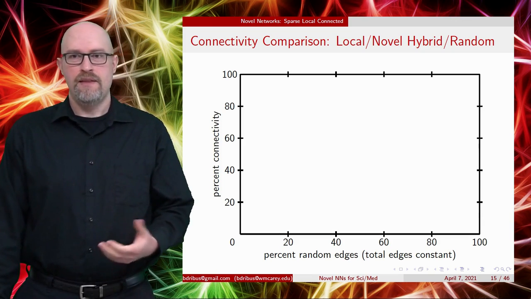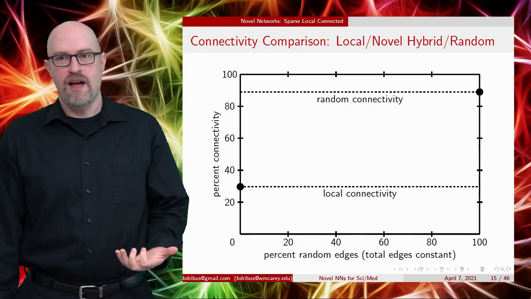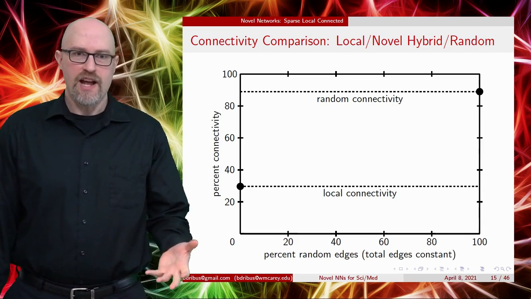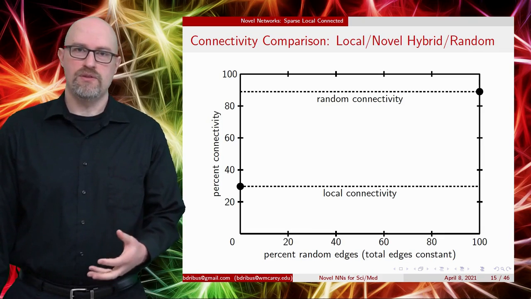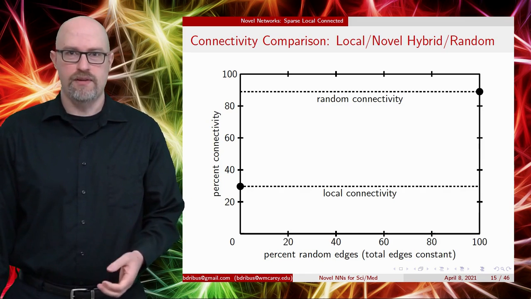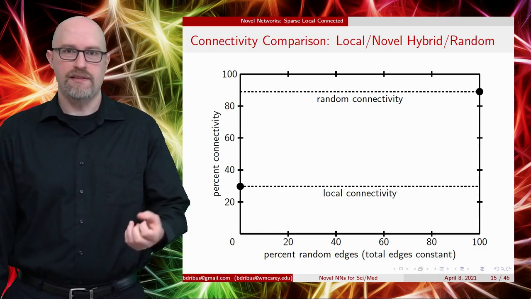chart. This line represents the local connectivity of 30%, while this line represents the random connectivity of 89%. As we gradually change edges from local to random, we expect that the connectivity of the resulting hybrid networks will improve. The crucial question is, how fast?